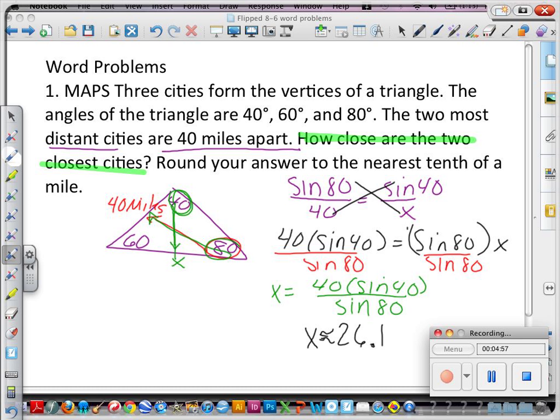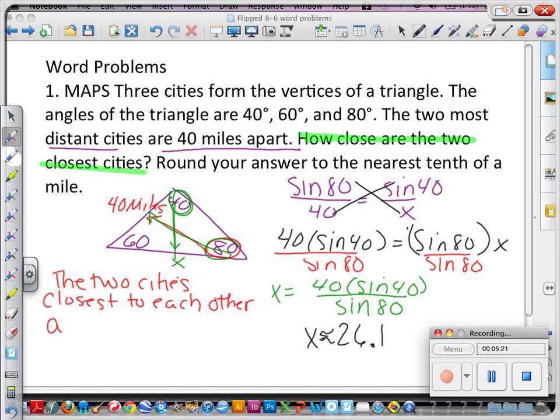All right, now we have to write a sentence. Remember, I've been focusing on that in our lessons, and we want to communicate our mathematics. And so the two cities closest to each other are 26.1 miles apart.